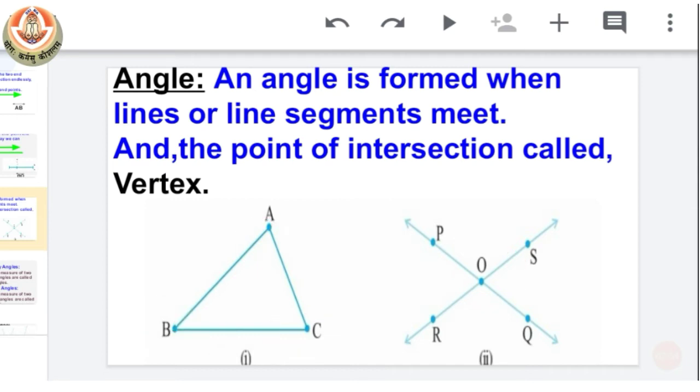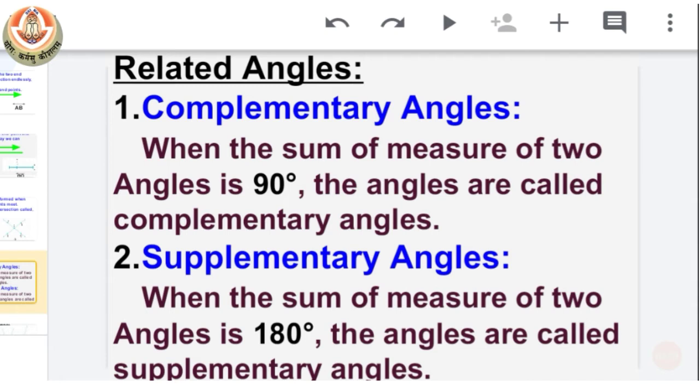Now let's move on to another topic. We have two important related angles in this chapter. The first one is complementary angles and the second one is supplementary angles. So let's focus on complementary angles first.